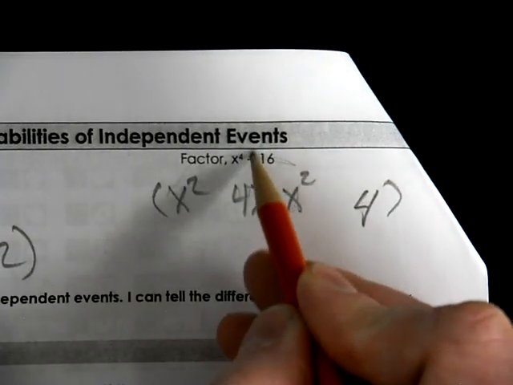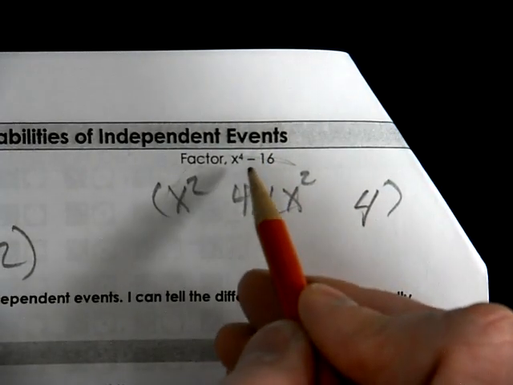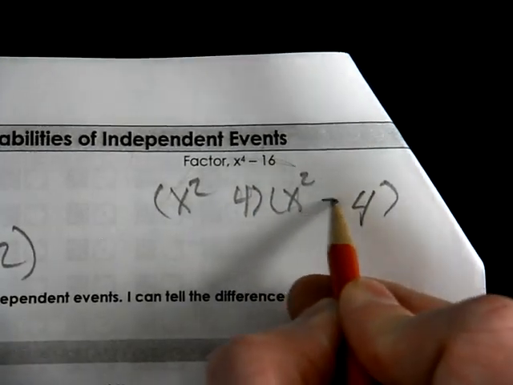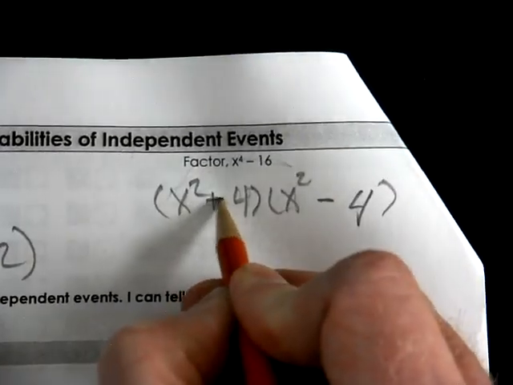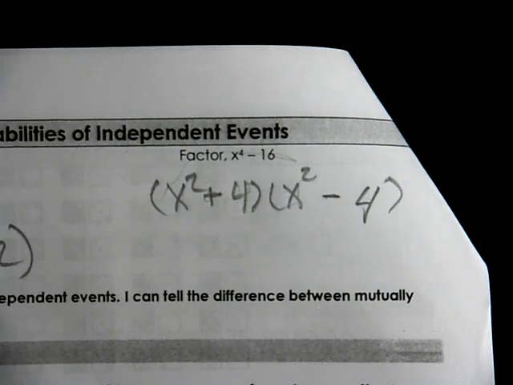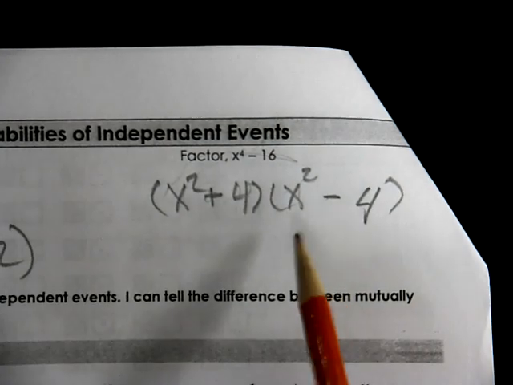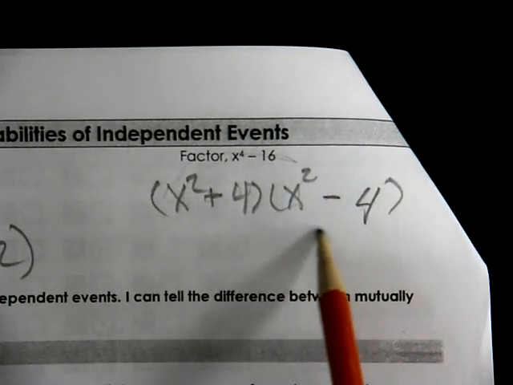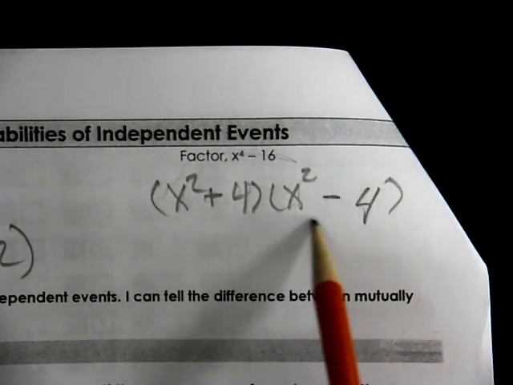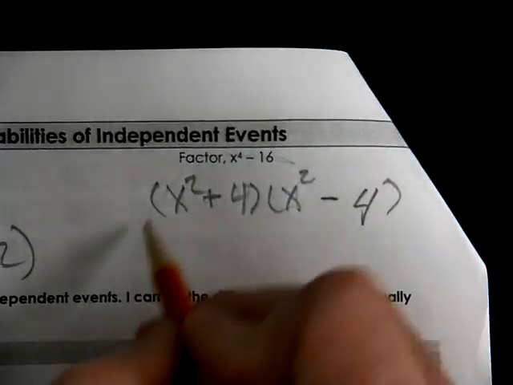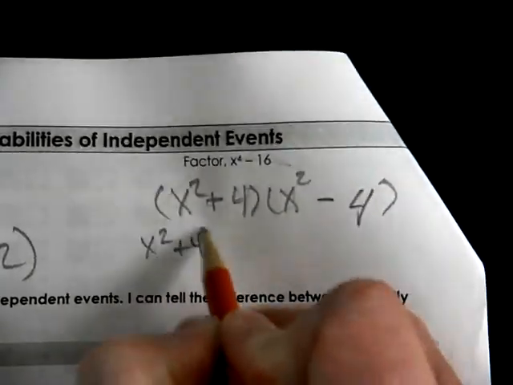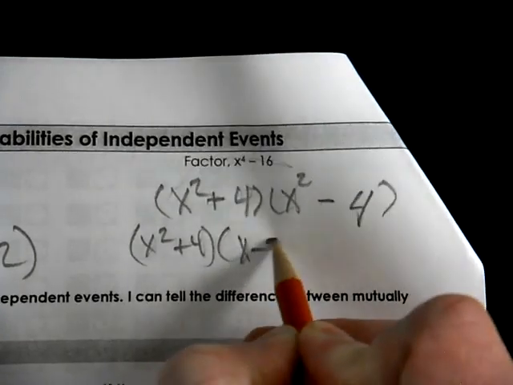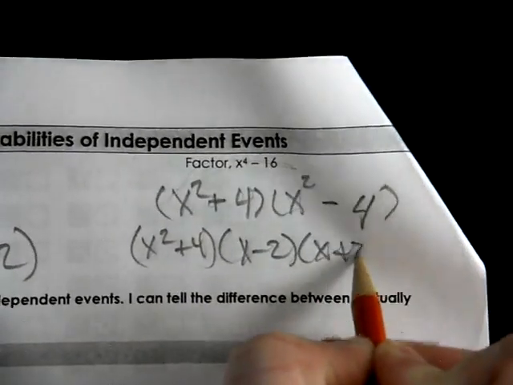And if you have nothing in the middle, no middle value, then this has to be a positive and negative value. And you might notice that this is also the difference of 2 squares. So x squared plus 4, x minus 2, x plus 2.